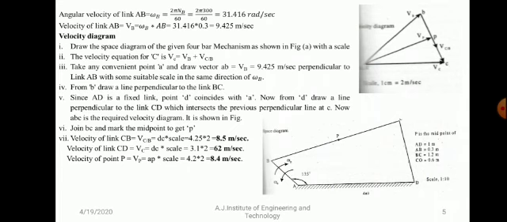Perpendicular to the link BC, you draw one more line from the point B. We don't know the magnitude, but we know the direction.